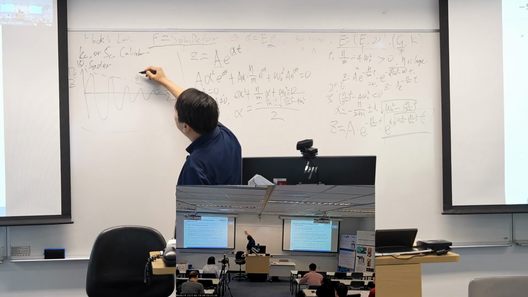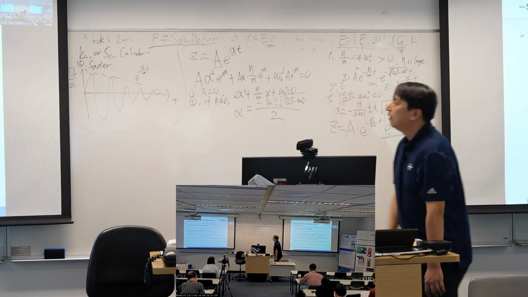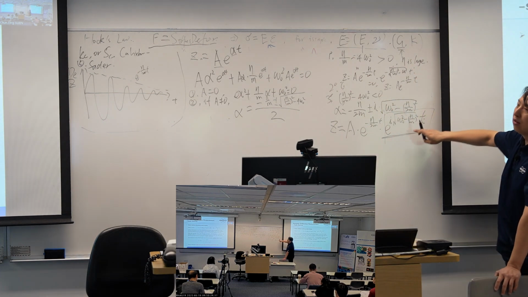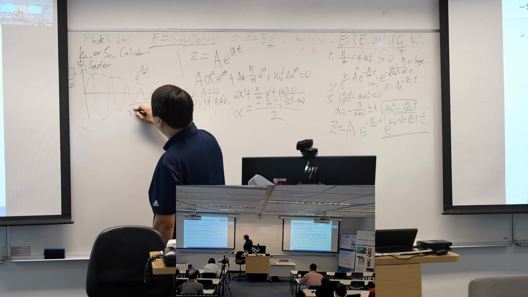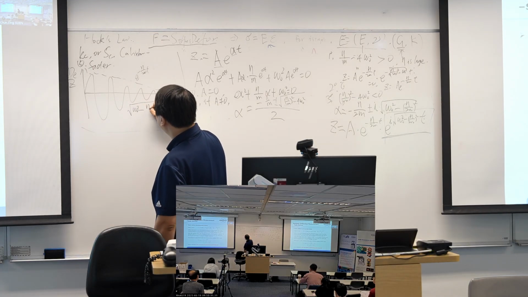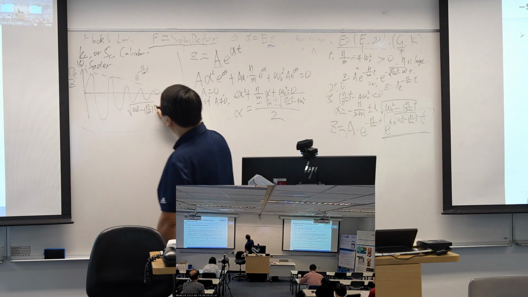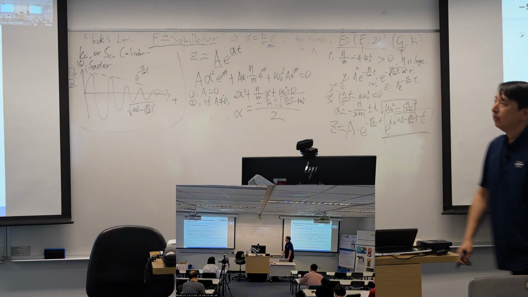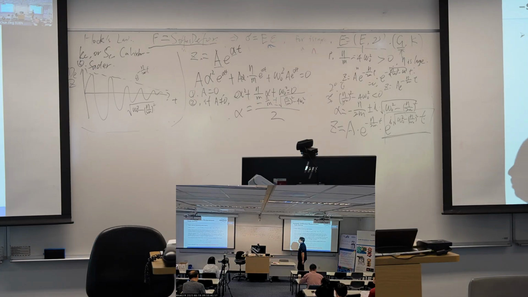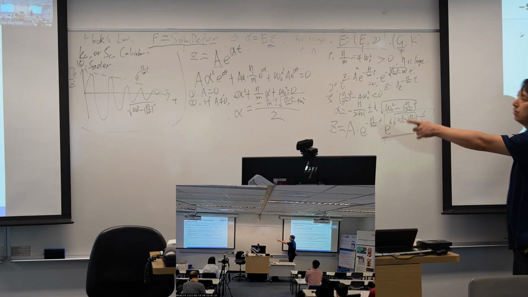This one will follow e^(-eta/2m t), and its oscillation period is decided by the square root of omega 0 squared minus (eta over 2m) squared. That's our final result here.